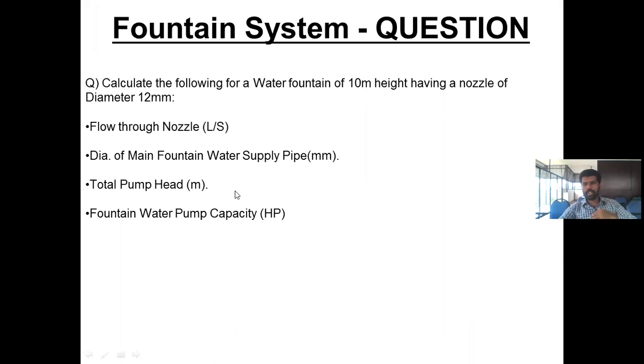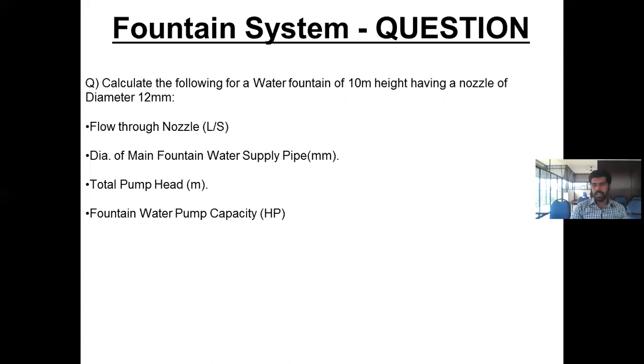This pump head means the pressure, or you can call it the height also, including the frictional loss. Last day we were dealing with this pump head and its capacity.